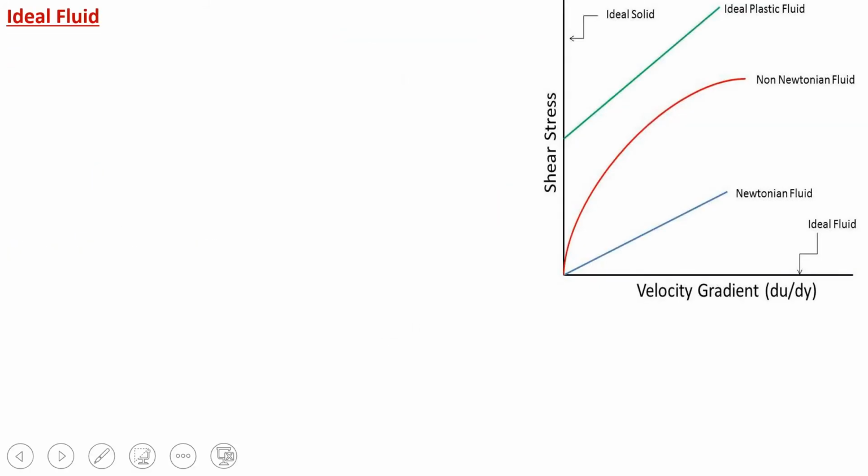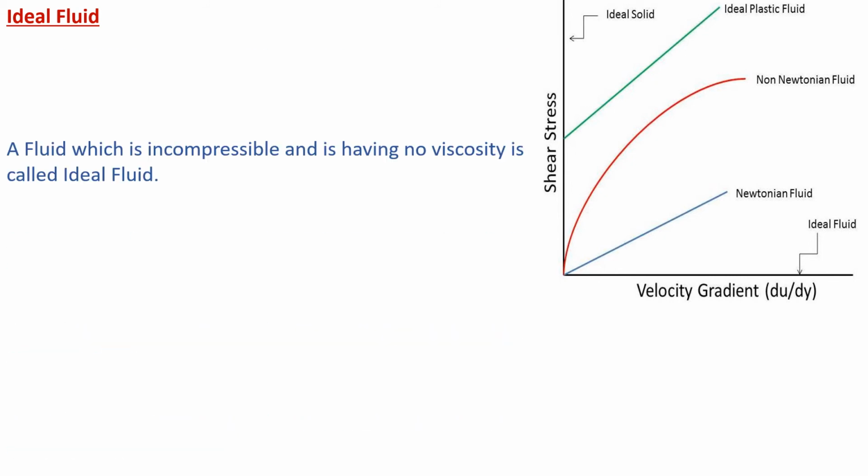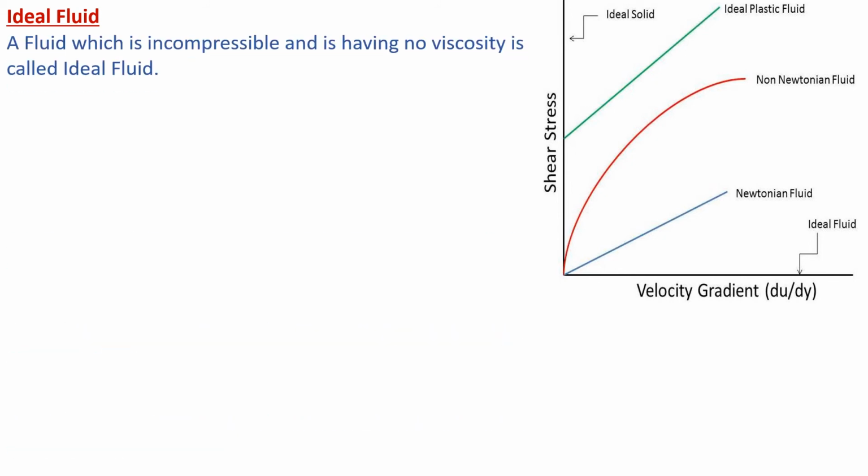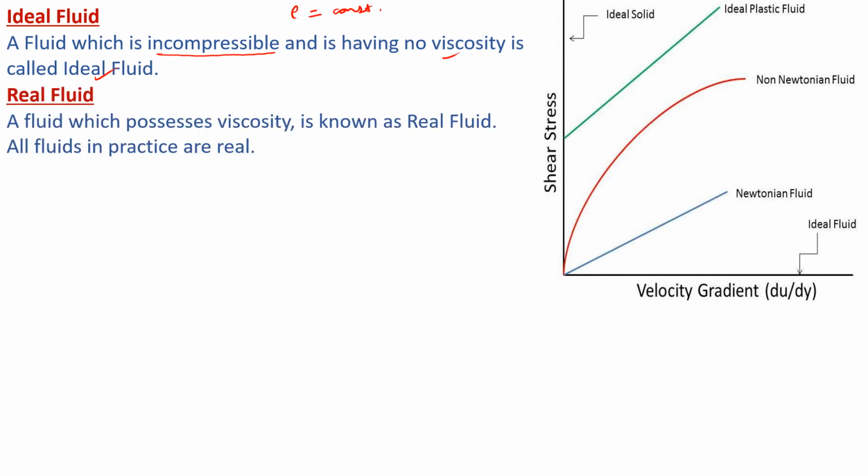Let us talk about these kinds of fluids in detail. A fluid which is incompressible, which cannot be compressed, meaning its density is constant, and which has no viscosity, is called an ideal fluid. All the other fluids which are not ideal are known as real fluids.